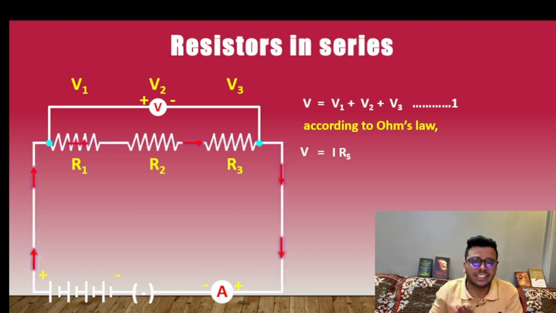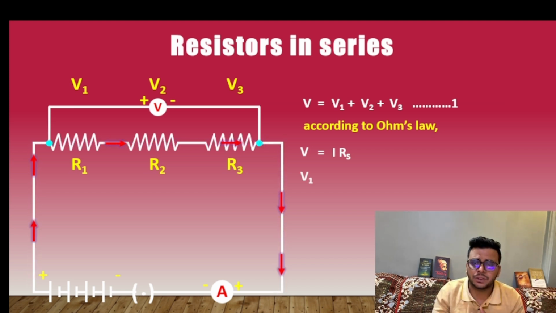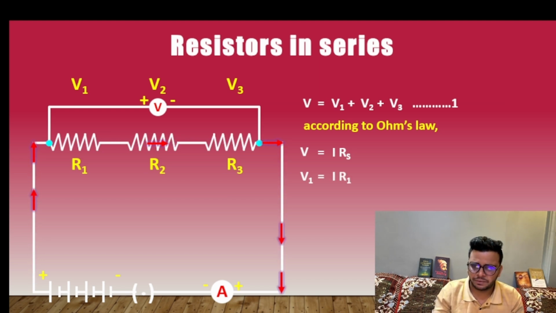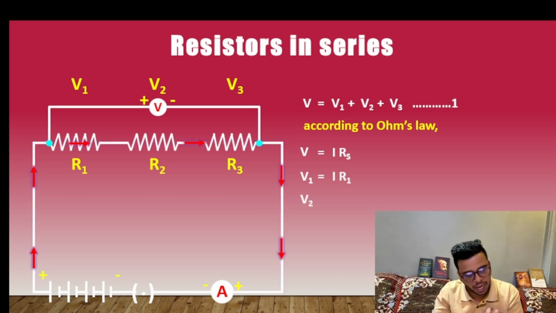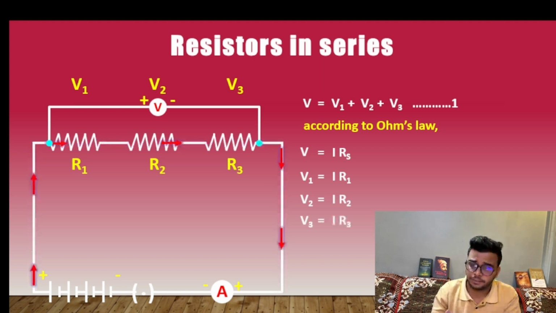So resistance in series is Rs. Now V1, that is potential difference at resistance 1, will be I into R1. Similarly V2 will be I into R2 and V3 will be I into R3.